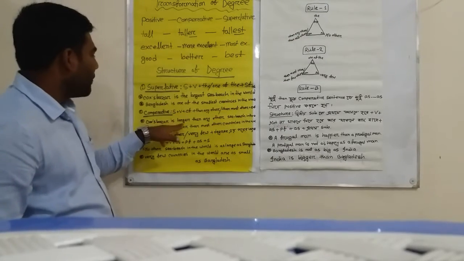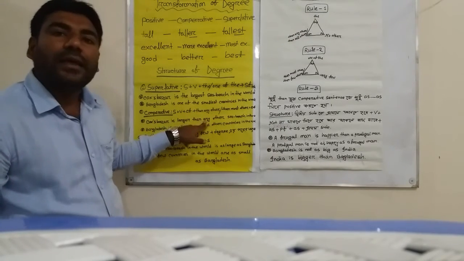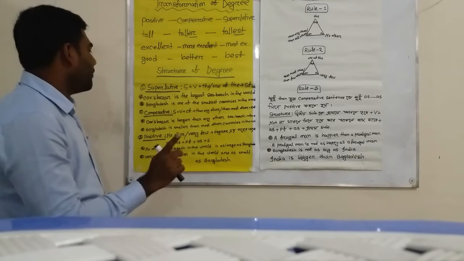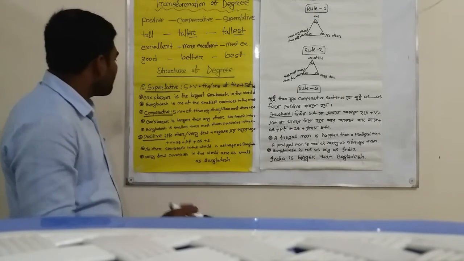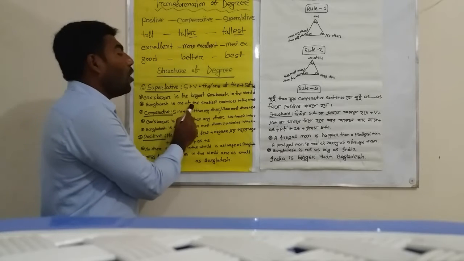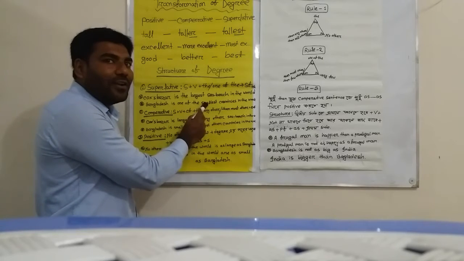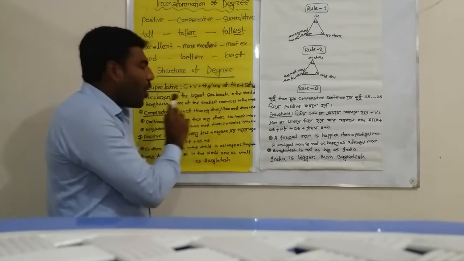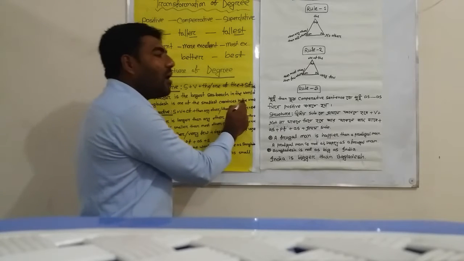In the same way, I have also here used then any other. In the second example, you can see Bangladesh is one of the smallest countries. Be careful, not the, all of the smallest countries in the world.